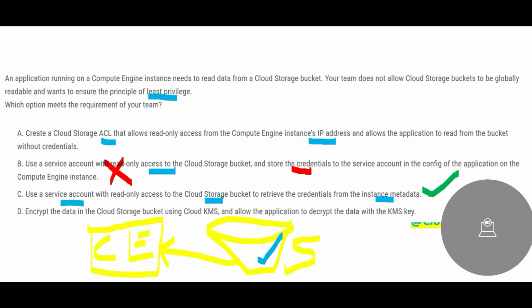D is talking about using KMS and encrypting and decrypting the data. But encrypting and decrypting does not solve the problem of least privilege. It is like somebody went to the Infosys building ground floor, and they encrypt his data. Suppose a guy called Rishabh went there.